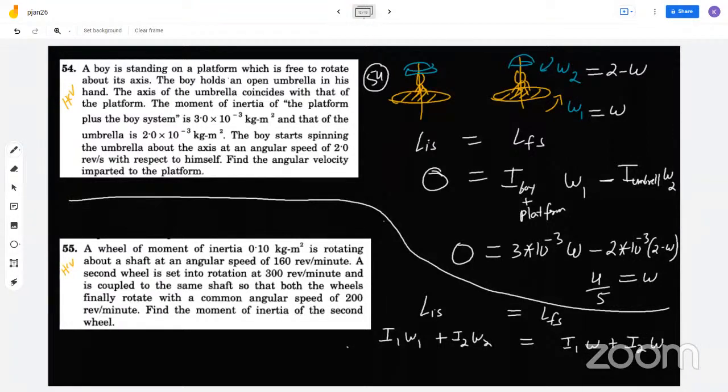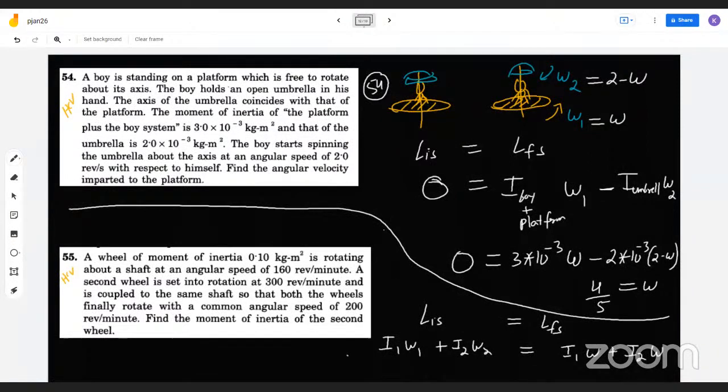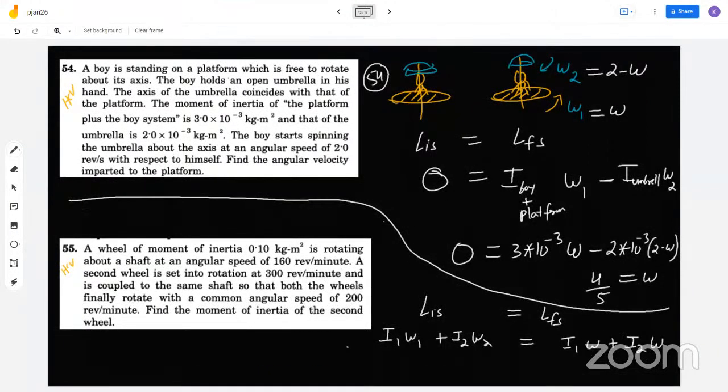What do you want to find in this? You want to find I2. You can keep I2 in revolutions per minute. This is 0.1 and this one is 160, plus I2 times 300. I1 is 0.1, and the final angular speed is 200, plus I2 times 200.